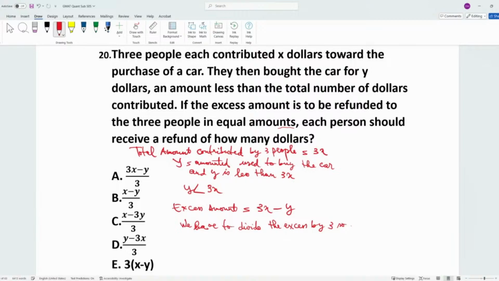So each of the 3 people will get an equal amount. So now this will give us, so the excess is 3x minus y, over 3, and the answer is (3x minus y) over 3.